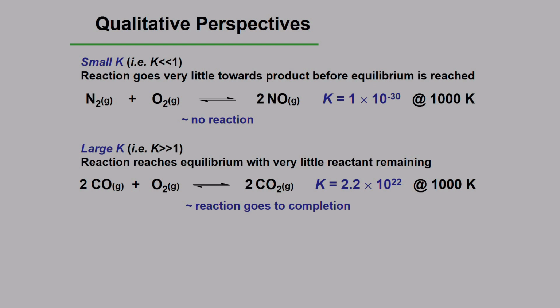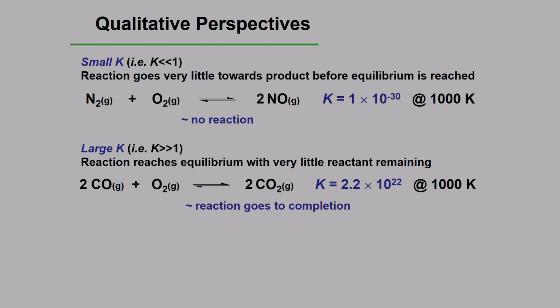However, if we have a very large K, and here I've given the example of carbon monoxide reacting with oxygen to produce carbon dioxide, that K is going to be 2.2 by 10 to the 22 at 1000 Kelvin. This means that the reaction is going to proceed to completion because of that ratio of products to reactants.